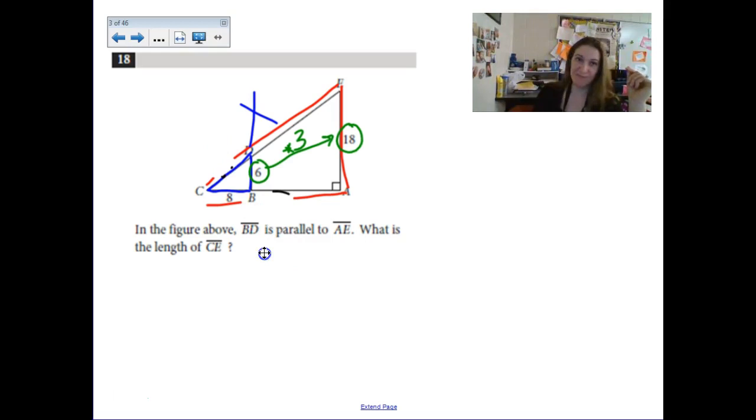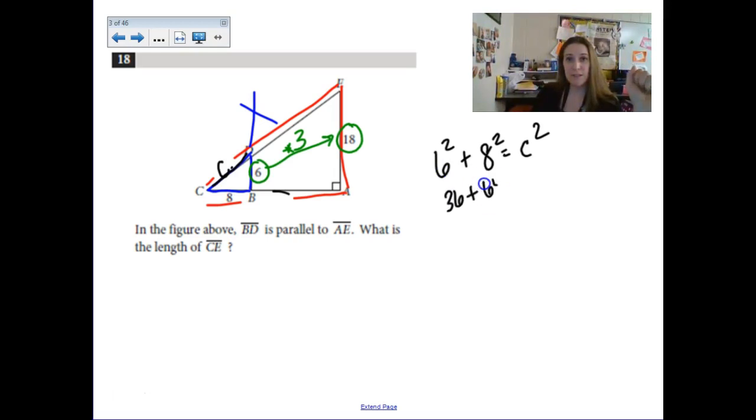You know what? I'm thinking I'm going to find this side right here. I'm going to find this hypotenuse of the baby triangle because I think I already know it. Remember Pythagorean theorem, 6 squared plus 8 squared equals c squared. This also happens to be a 3, 4, 5 triangle that's been doubled. So I already know that c is going to be 10, but remember without a calculator I would have to do a little work here. 36 plus 64 equals c squared, so 100 is c squared.